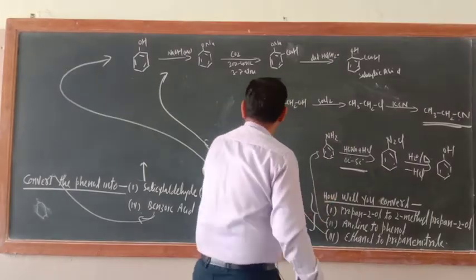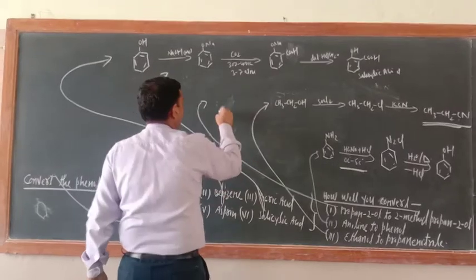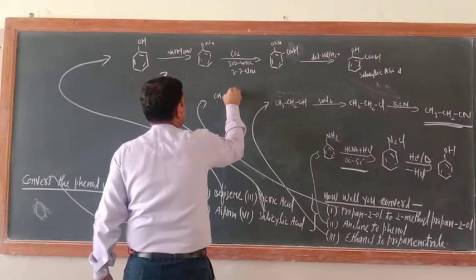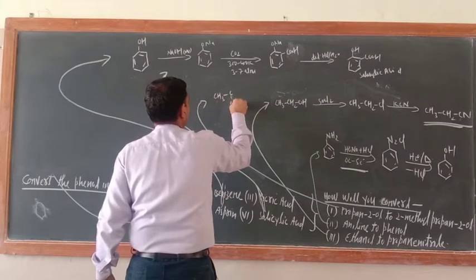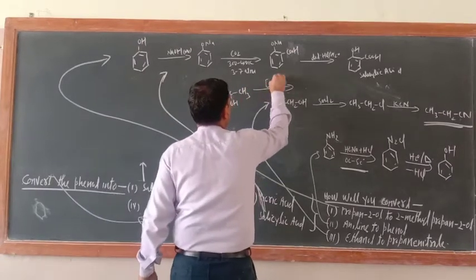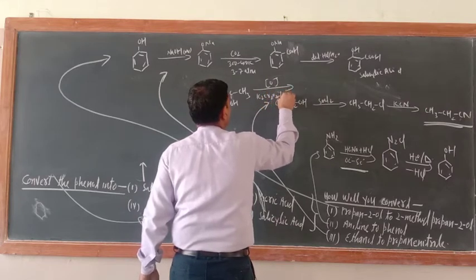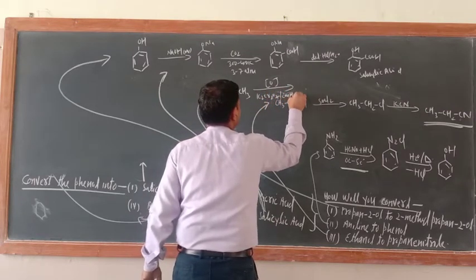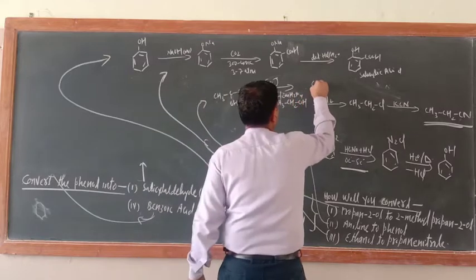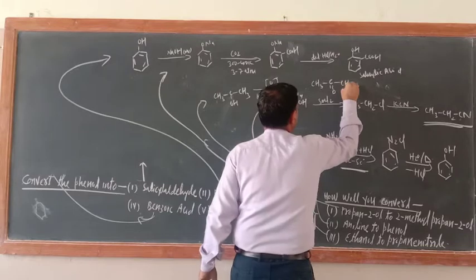What about the first one? First write propane 2-ol, CH3CHOHCH3. This is propane 2-ol. If you oxidize this one in presence of K2Cr2O7 / concentrated H2SO4, what would be there? CH3C double bond O CH3.